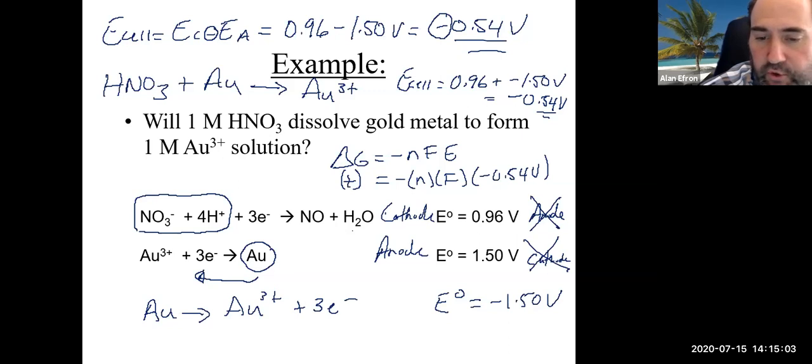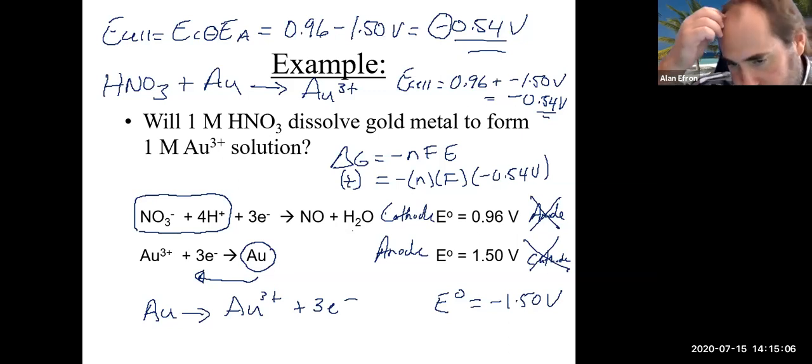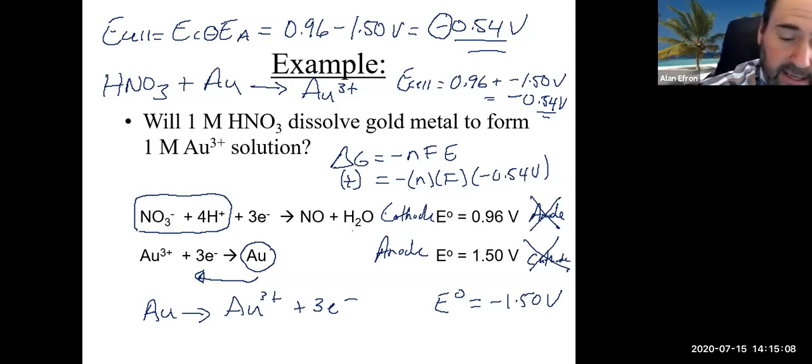Question is, yeah, so again, in this particular one, just so we're clear as to why the gold was our anode in this case, and the nitric acid was our cathode. A lot of people, and I imagine some of you did as well, just went with the more positive one.